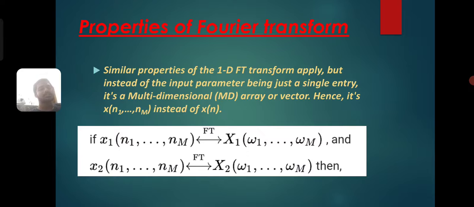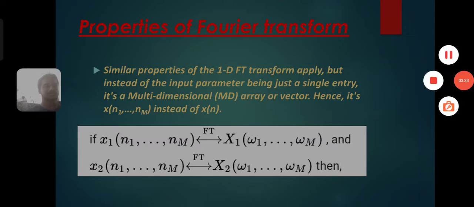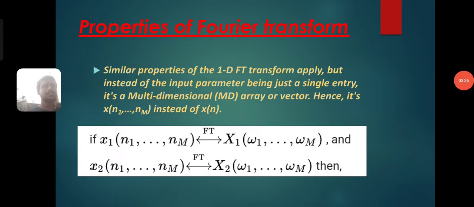Properties of the Fourier transform. Similar properties of the one-dimensional Fourier transform apply, but instead of the input parameter being just a single entry, it is a multidimensional array or vector.